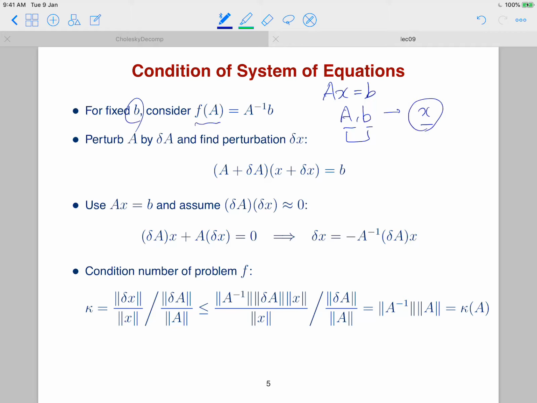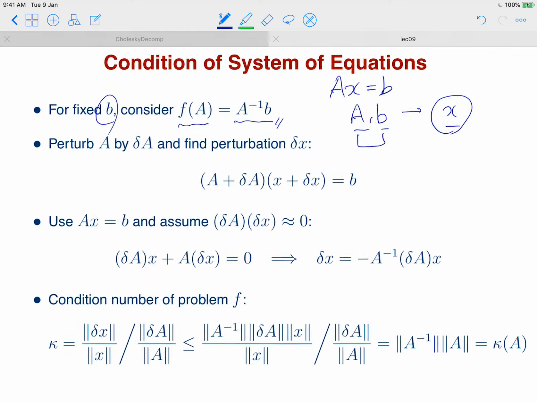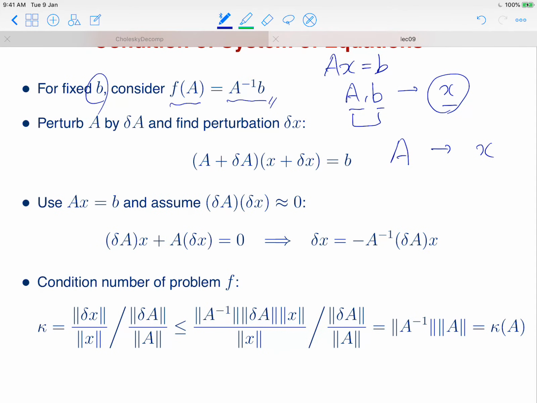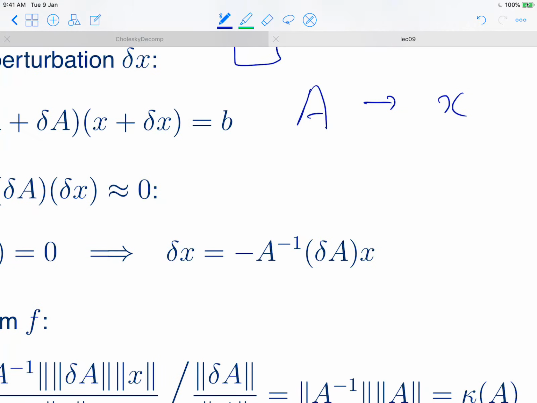If A is a non-singular matrix, then the solution can be represented as this. Okay, so here we can also think of this relative condition number in this particular case, where the input is A and the output is x. By the definition, the relative condition number is defined as follows.